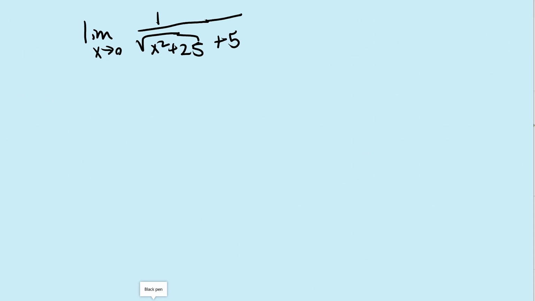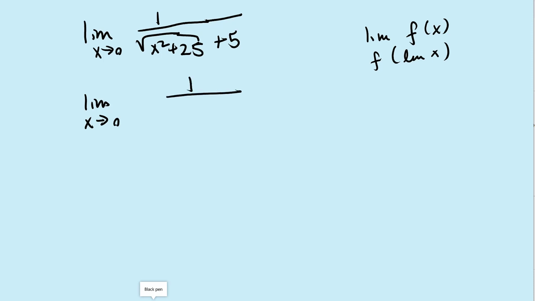The limit law was that if we take the limit of f of x, we can also really be looking at the function of the limit of x. So we're going to do that twice, really. We're looking at the limit x goes to 0 of 1 over square root x squared plus 25 plus 5.